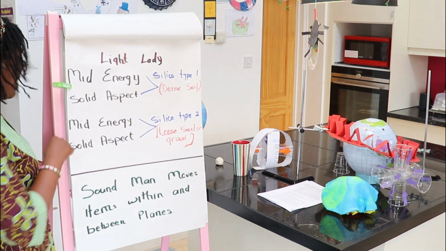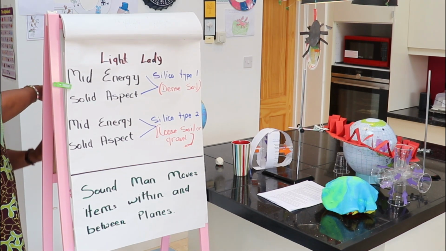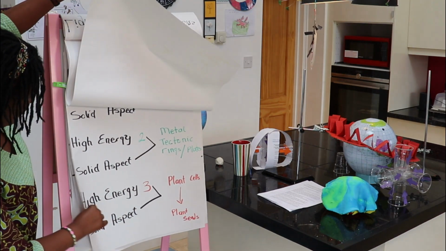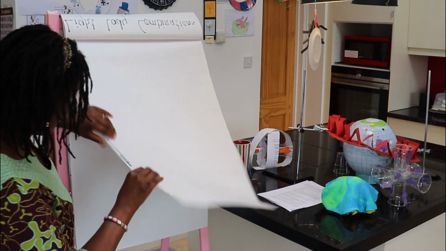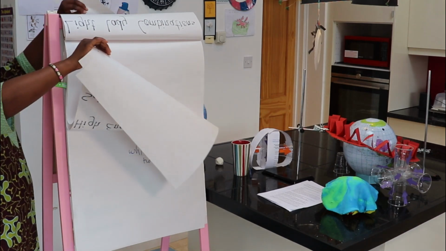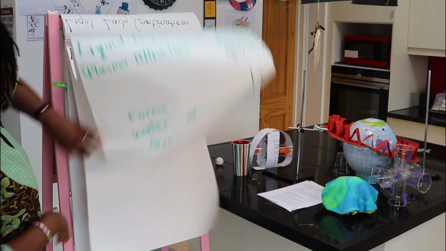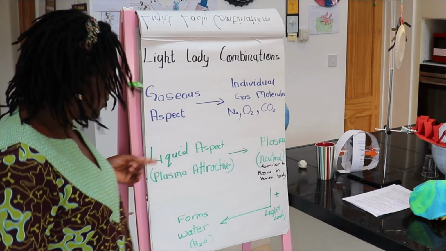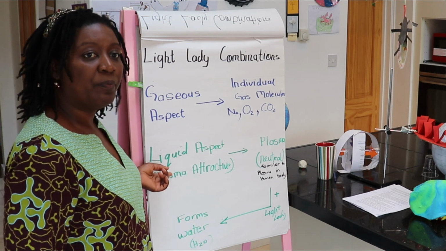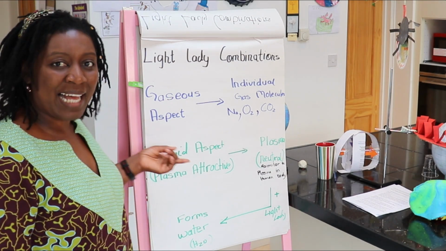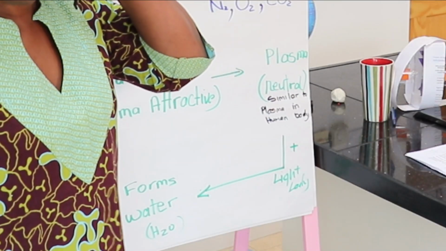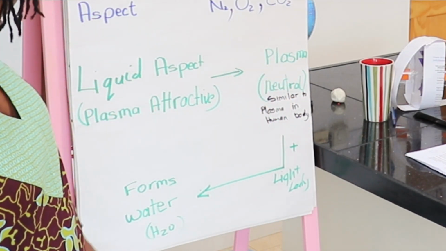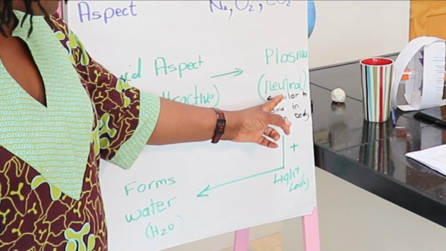I said that, okay, Gaia forms plasma, which is the liquid aspect of the God universe, and Gaia forms plasma types, from the attractive plasma to the neutral plasma.